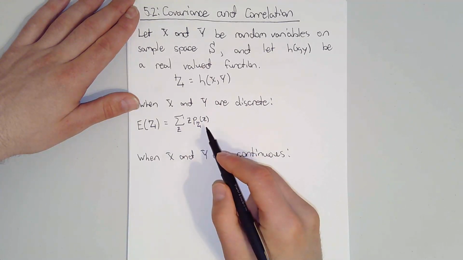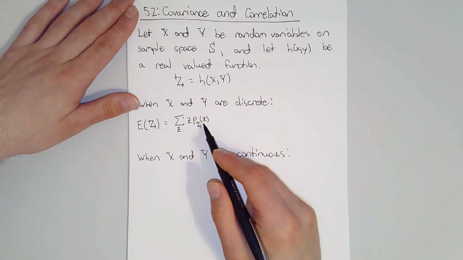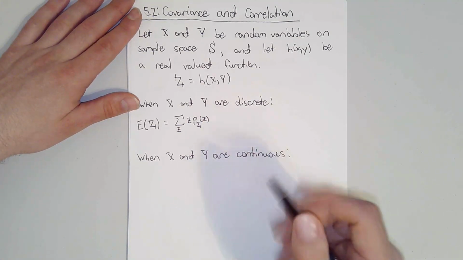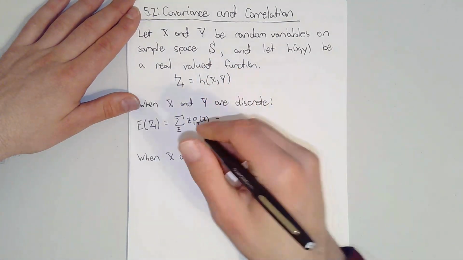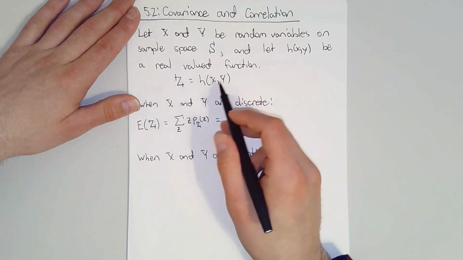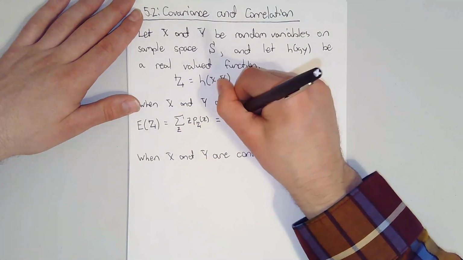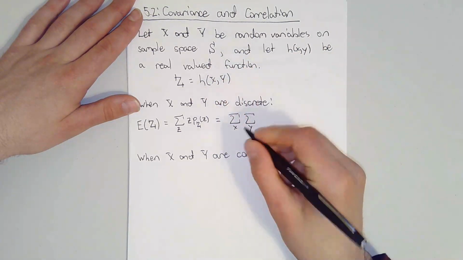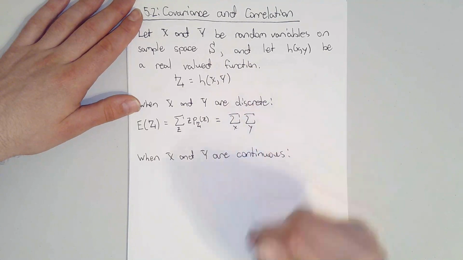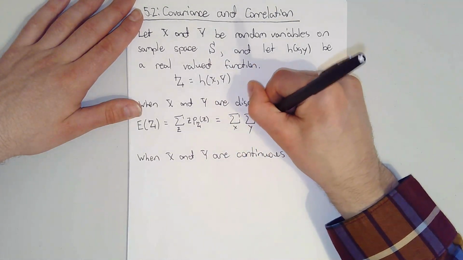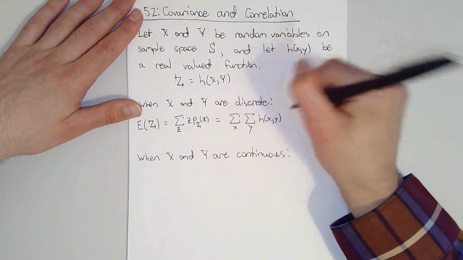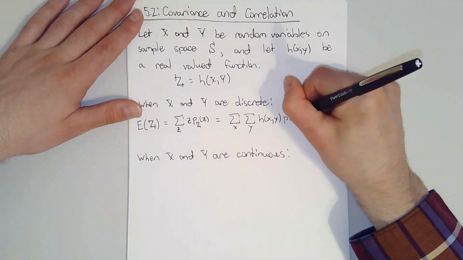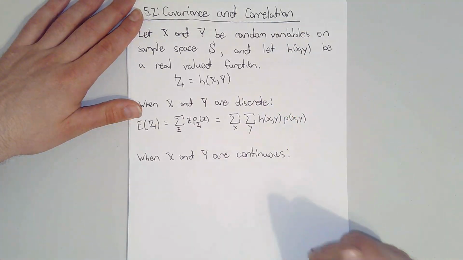So this is somewhat unneeded because we don't have to compute the new PMF for capital Z. We can simply use the joint PMF of x and y. In other words, this turns out to be equal to the sum over all possible x values and the sum over all possible y values of h of x y multiplied by the joint PMF p of x y.